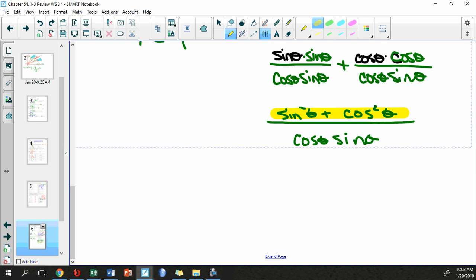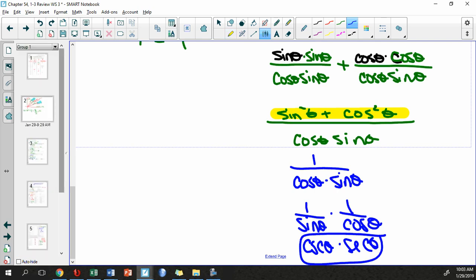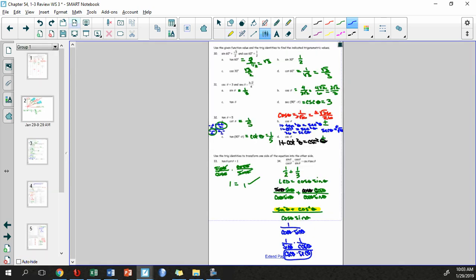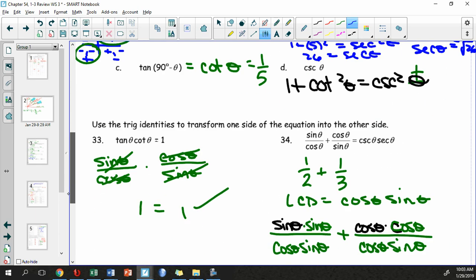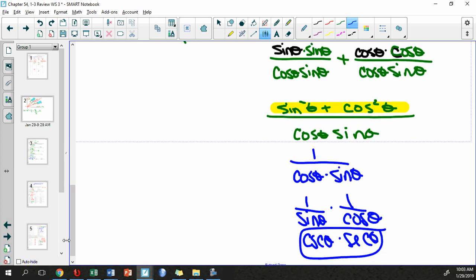Sine squared plus cosine squared is 1. So I have 1 over the cosine of theta times the sine of theta. Separate them in the way that you need them to be separated. You can't really see it because it's so tiny, but it is what it is. So we needed it to equal cosecant and secant, and that's what it equals now. Do we see that? Yes?